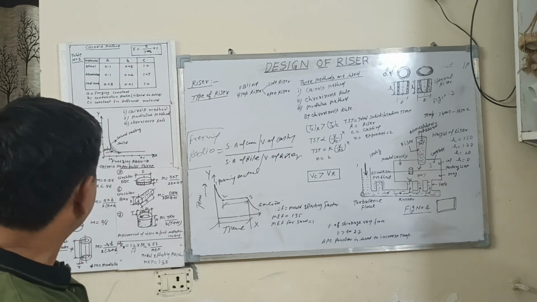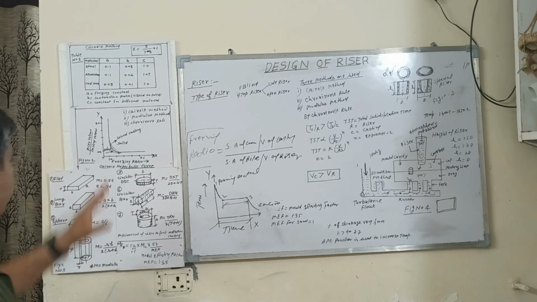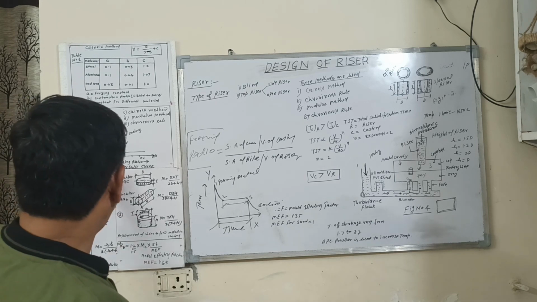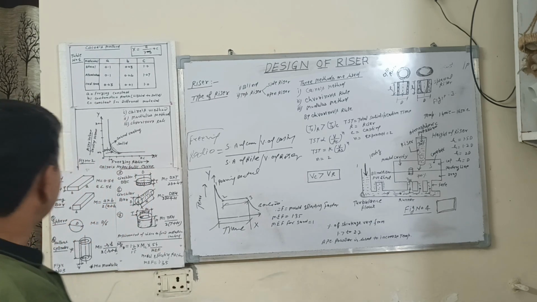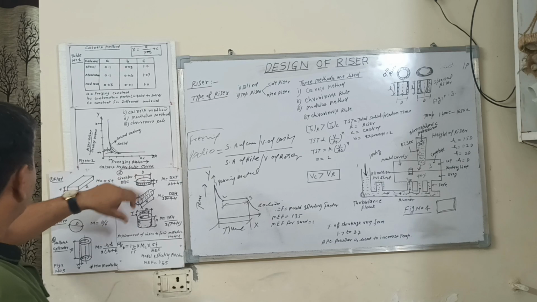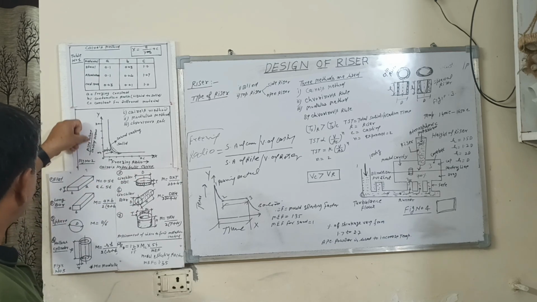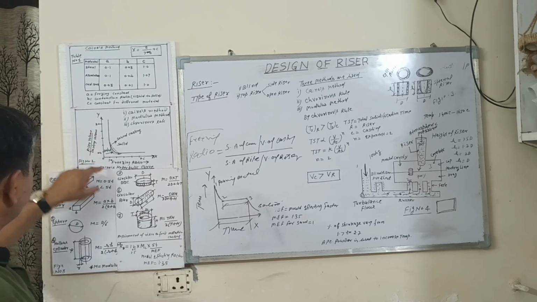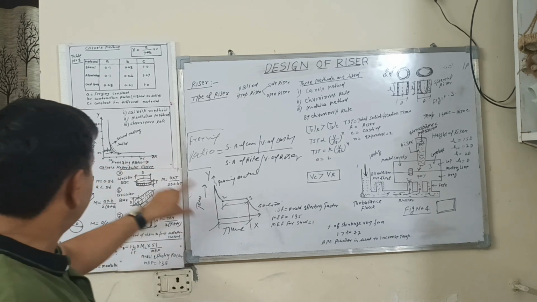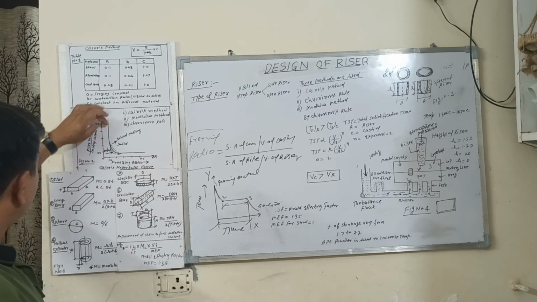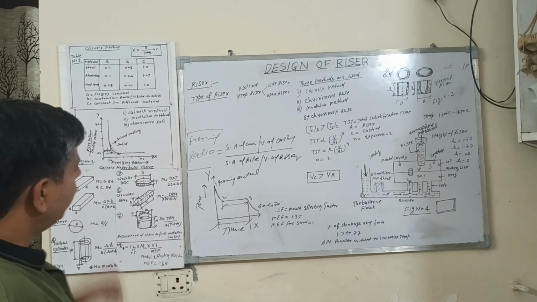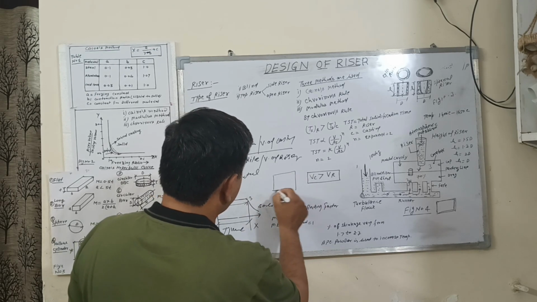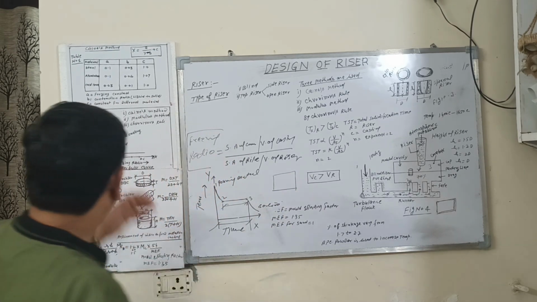And you can also draw this as a hyperbolic curve. This is the riser volume upon casting volume along the y-axis and the freezing ratio along the x-axis, to draw this type of curve. If you want to cast this type of workpiece, how do you draw this curve?